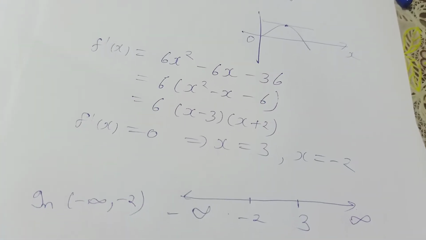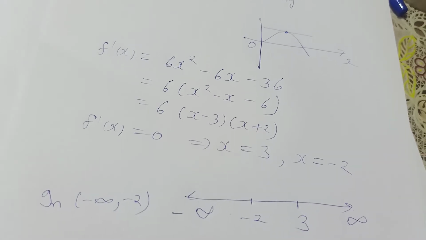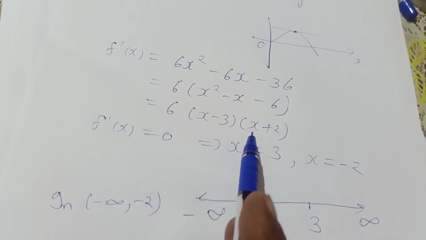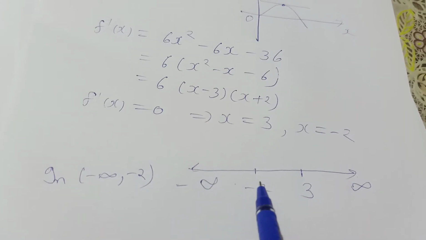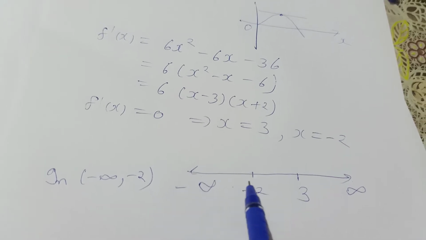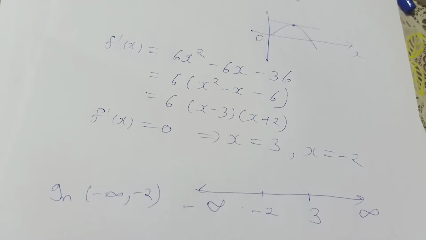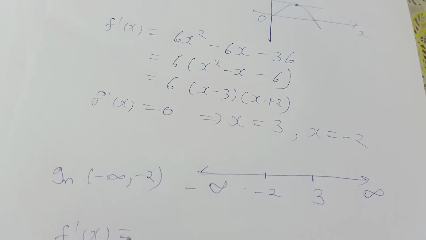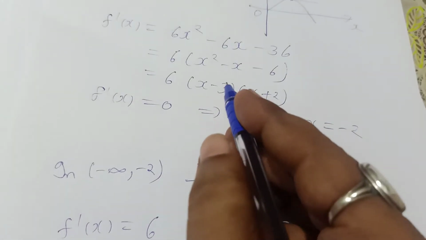So we will see what will be the sign of f'(x) in the interval minus infinity to minus 2. This is our f'(x), 6 times (x minus 3) times (x plus 2). If we take any point in this interval, we may observe the sign of f'(x). So f'(x) equals 6, which is constant and always positive, then x minus 3.